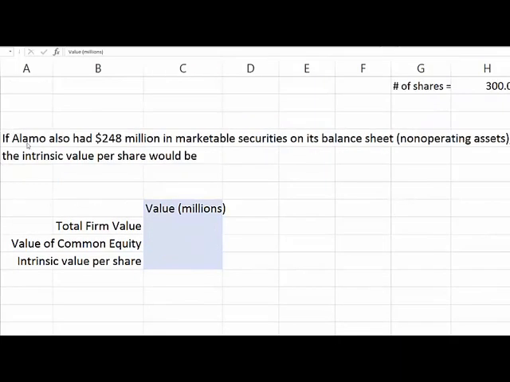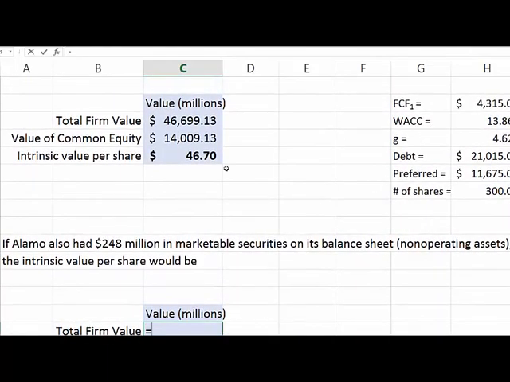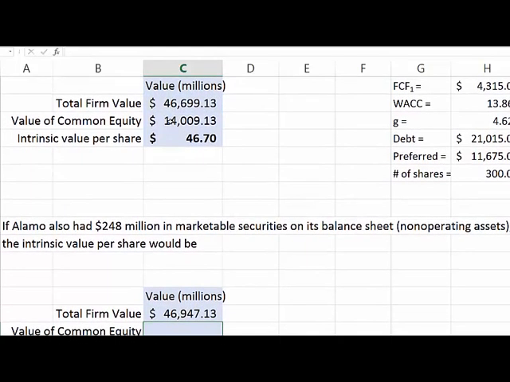We have a small variation in this problem also, assuming that the company had 248 million in marketable securities. This will be added to the firm value. So remember, in the prior case we found that the firm value was 46,699. We need to add 248 million because this increases the value of the company.